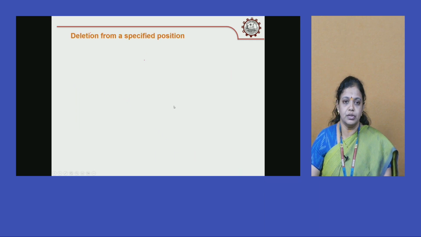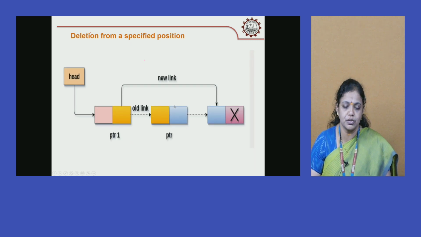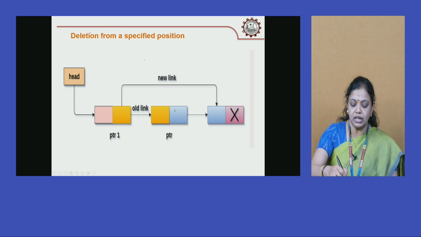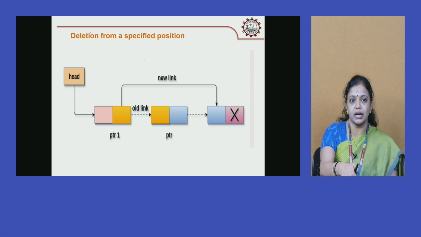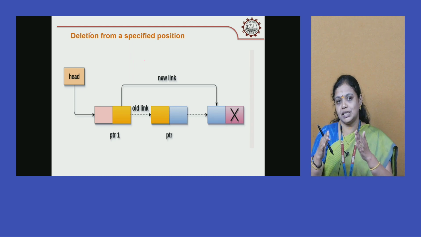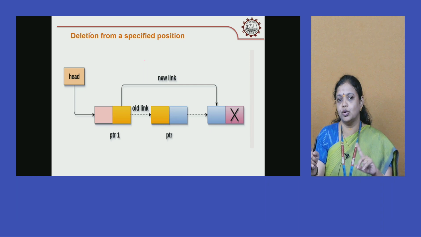And now deletion from the specified position. Suppose I want to delete from the middle, the second node or third node or whatever it is. When I am deleting this, I always have to keep track of a previous node, because in an SLL, if you come forward, it is just like our life. When you come forward, there is no U-turn, you cannot come back, there is no previous link.